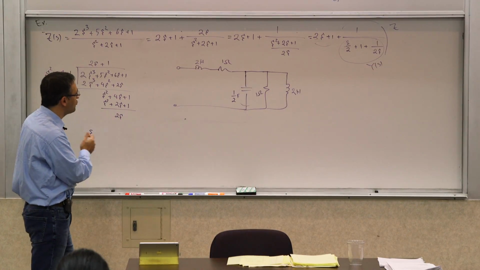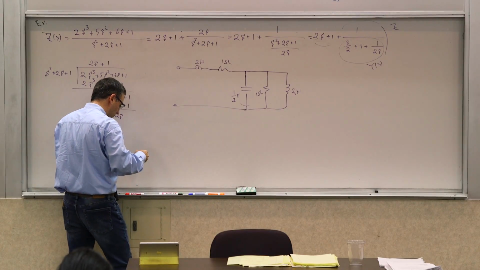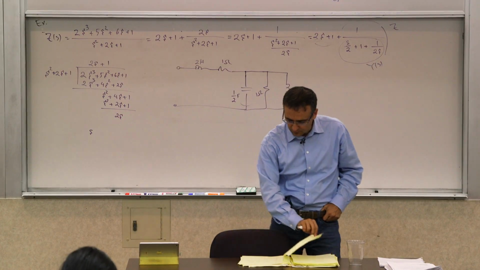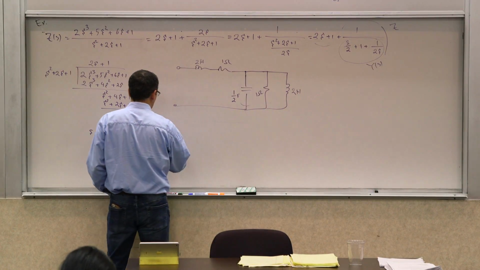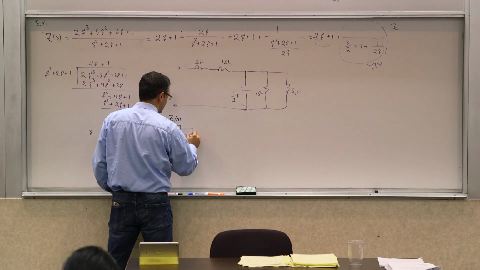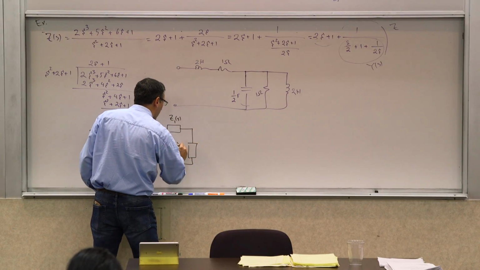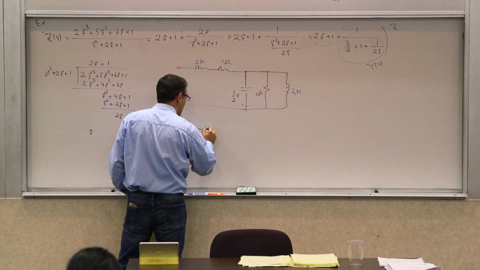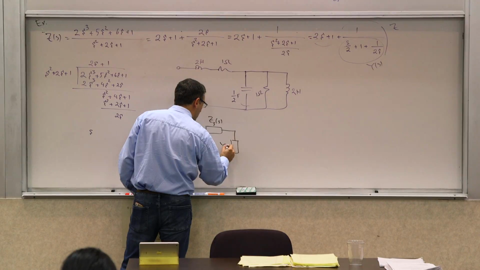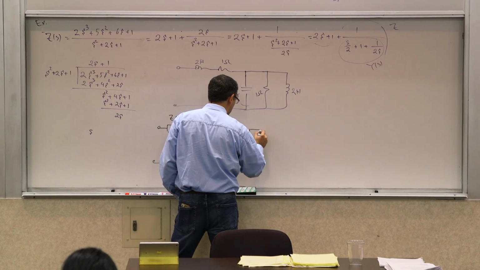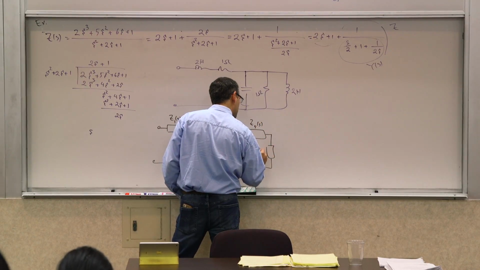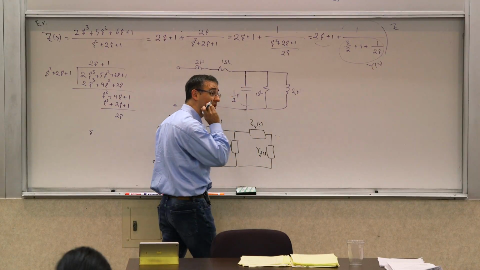Now, in general, if you have a network of this form, so you have a Z1 of S, Y2 of S, Z3 of S, Y4 of S, and so on and so forth, Z5 of S, Y6 of S, you can continue or not.